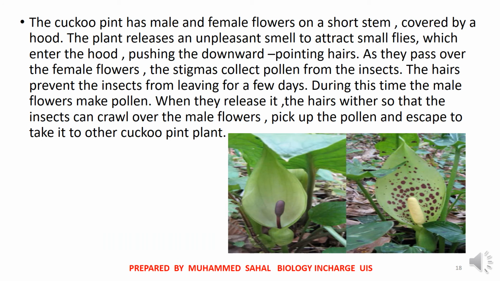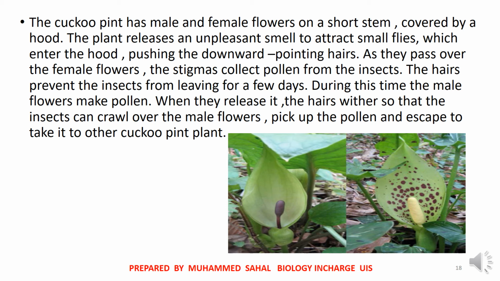The cuckoo pint has male and female flowers on a short stem covered by a hood. The plant releases an unpleasant smell to attract small flies which enter the hood, pushing through the downward pointing hairs. As they pass over the female flowers, the stigmas collect pollen from the insects.